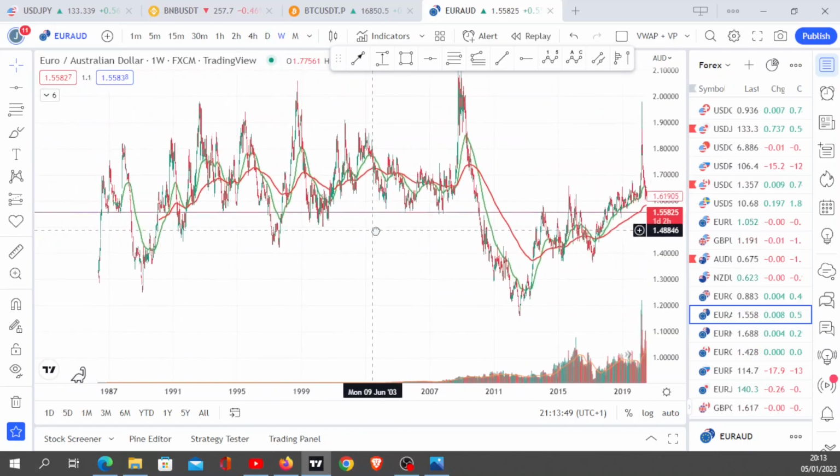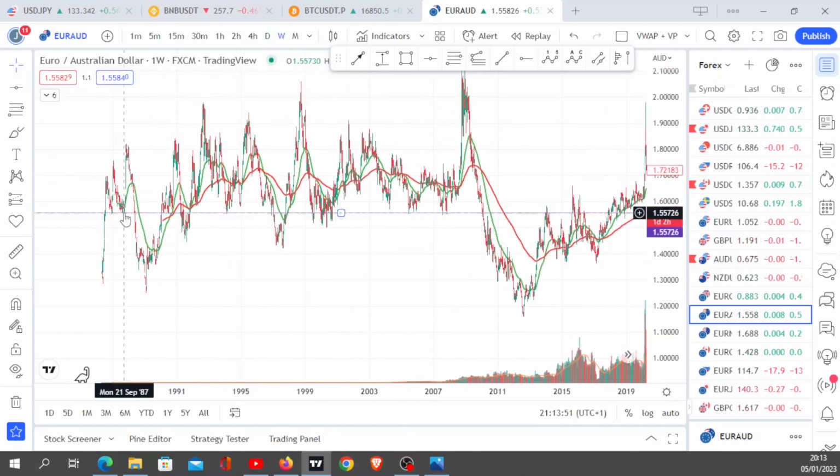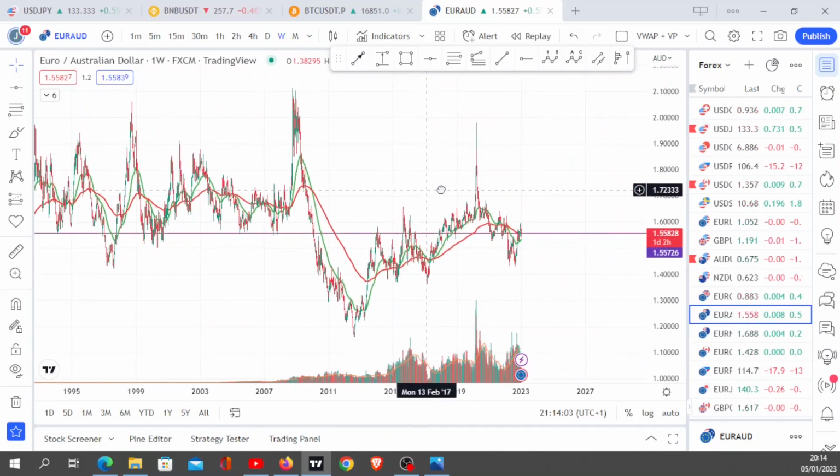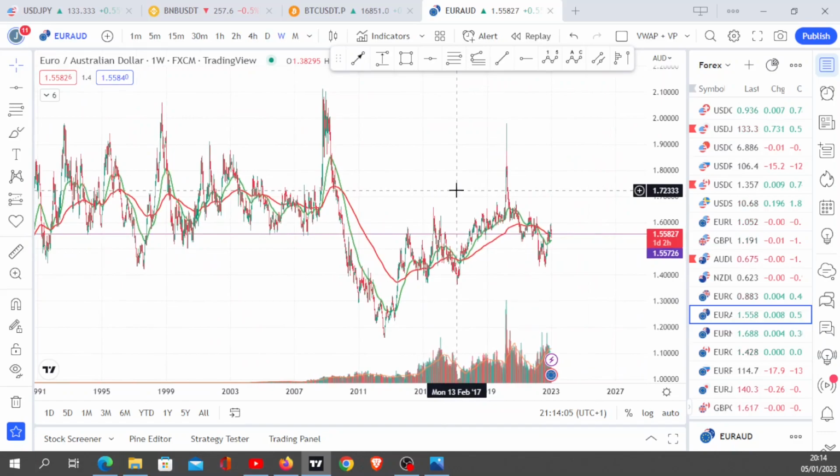On some instances, maybe like here, it almost to the dot touches this line. However, sometimes, and this is a good example, it does actually go a little bit through, and that's because support and resistance levels really aren't lines, we prefer to call them zones. So it's not one specific price, it's actually a zone around that price.